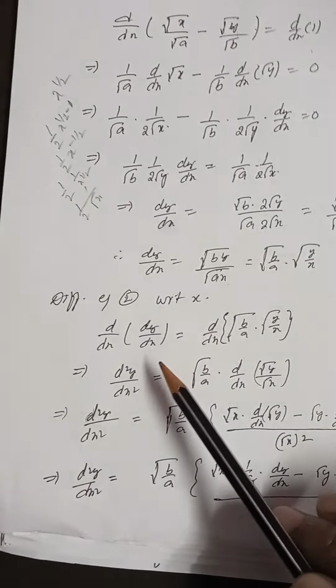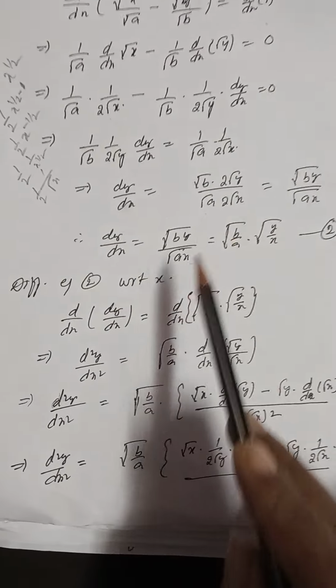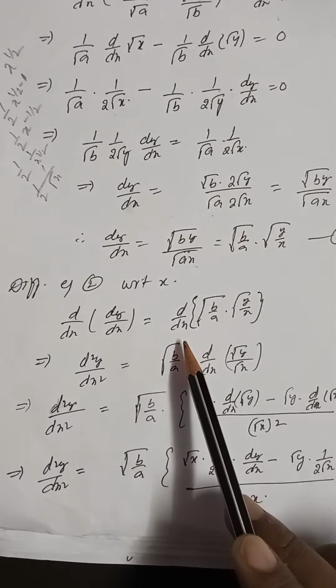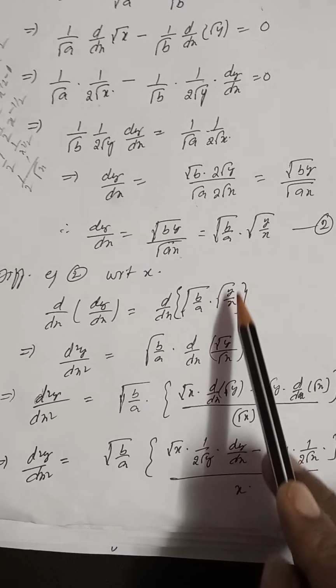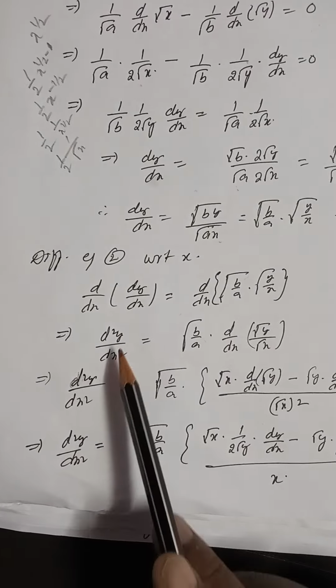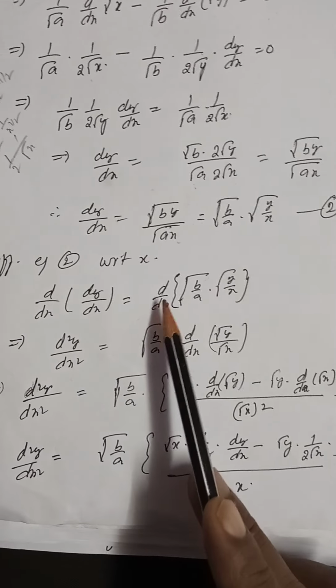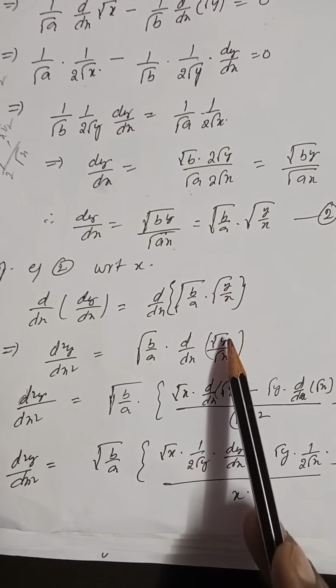Differentiate equation 2 with respect to x. d by dx of this one is equal to d by dx of the right hand side, which is square root of b by a into square root of y by x. d by dx of dy by dx is d square y by dx square. Now this is a constant, we can take it outside the differentiation symbol: square root of b by a into d by dx of square root of y by x.